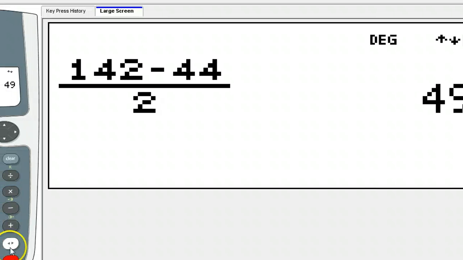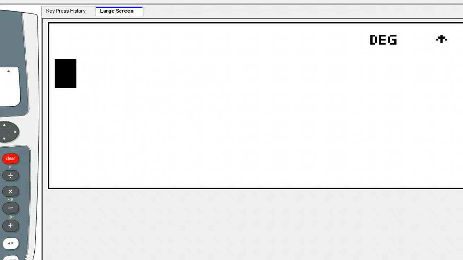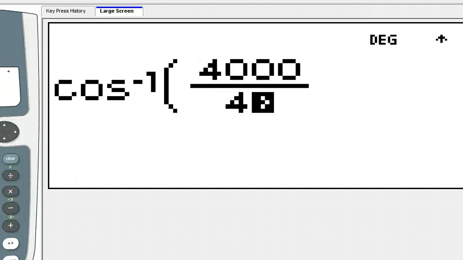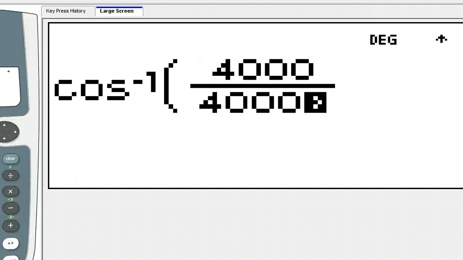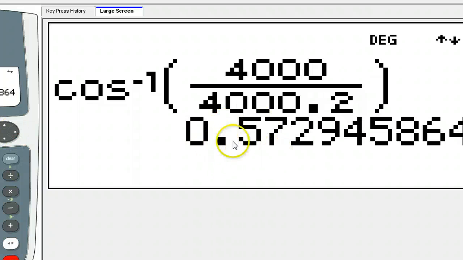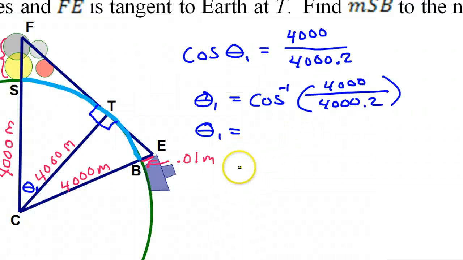I need the inverse cosine, so I'll do second cosine, and it was 4,000 over 4,000.2. This is a very small angle, less than 1 degree. It is 0.57 degrees. So that's the first piece of the angle.